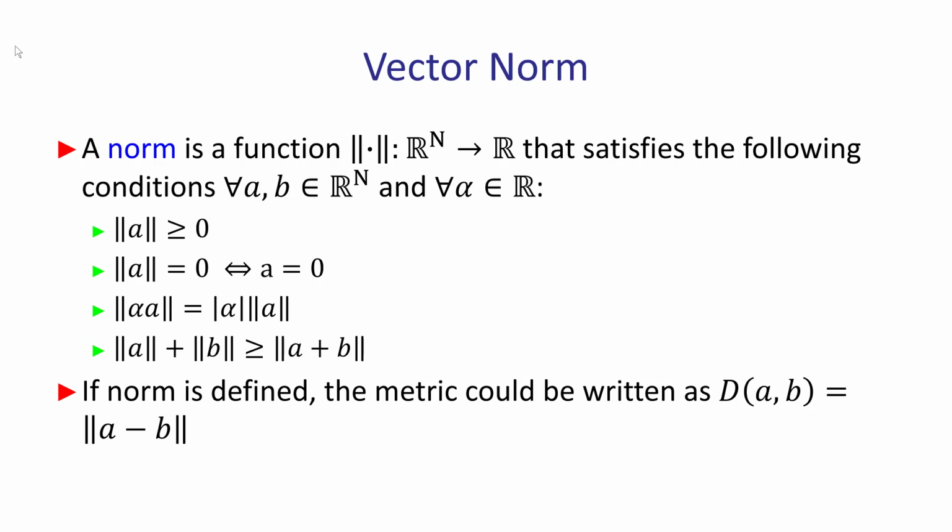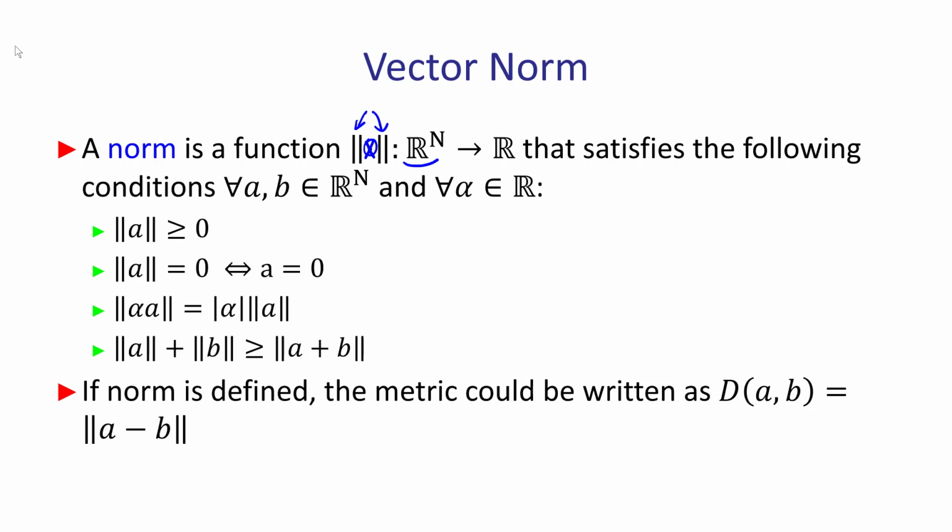A norm is a function again, which we denote by double bars or double vertical lines from two sides, and here will be the vector inside of that. So norm of something will be a function from Rn, or it could be also complex numbers, but we will be talking about real numbers only.